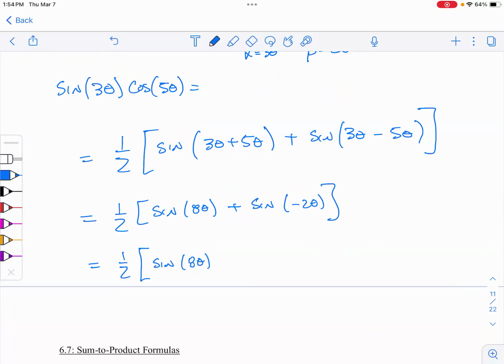And then one other thing again, sine of negative 2 theta. What's sine of negative 2 theta become? Right, even and odd properties.